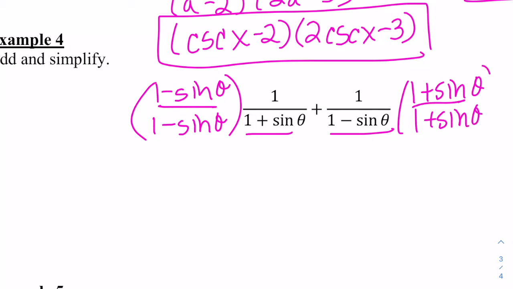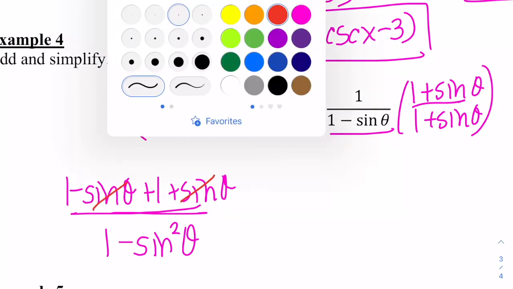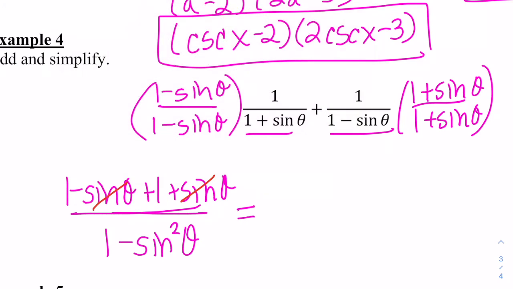So on the denominator, we'll have 1 minus sine squared of theta. And on the top, we'll have 1 minus sine of theta plus 1 plus sine of theta. And you can see that the sine of thetas in the numerator cancel out. And we're left with 2 over 1 minus sine squared.